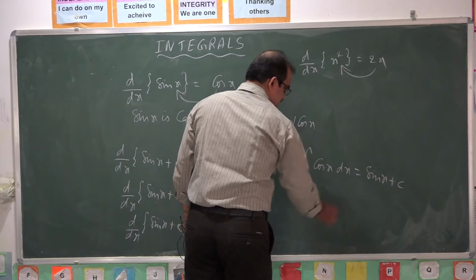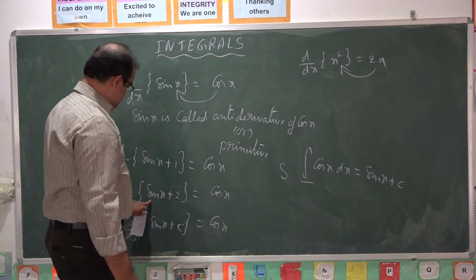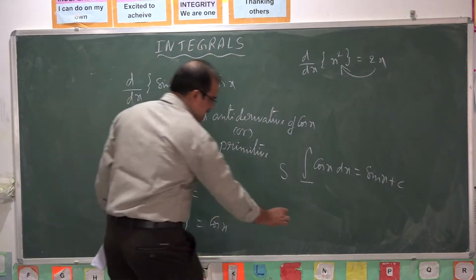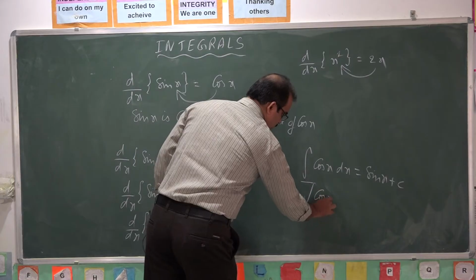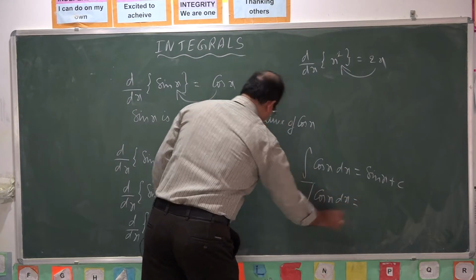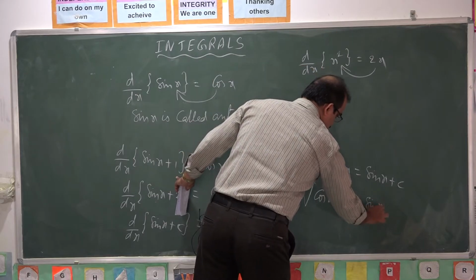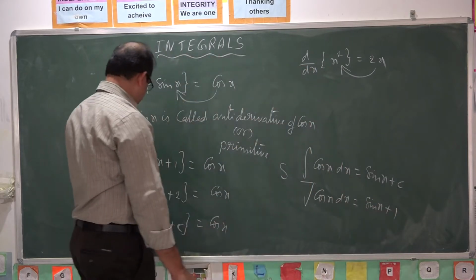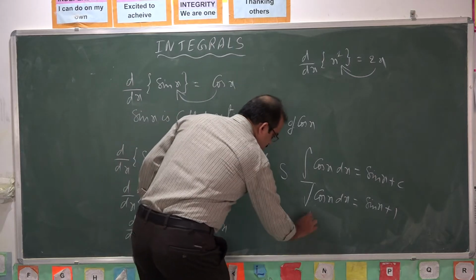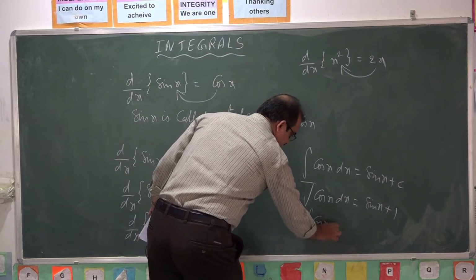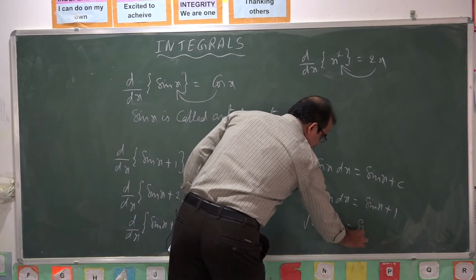Now here we see integral of cos x is sin x plus c. From this case, integral of cos x is sin x plus 1. From this case, integral of cos x dx is sin x plus 2.